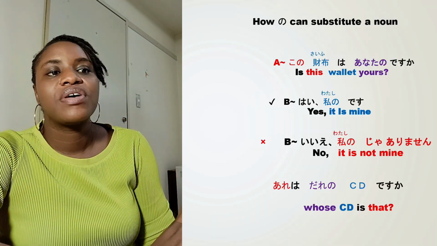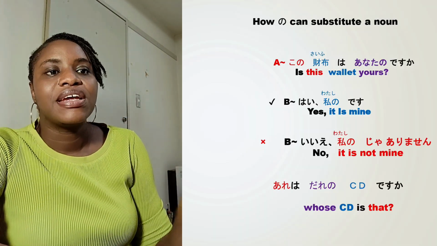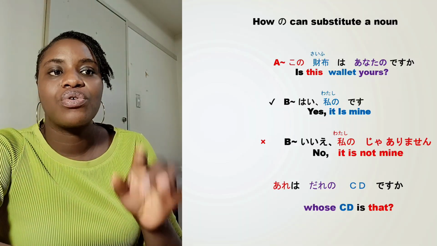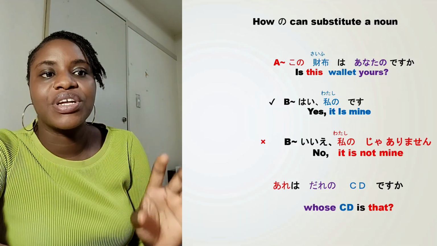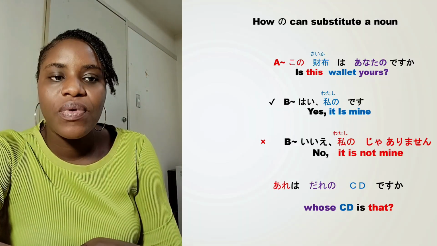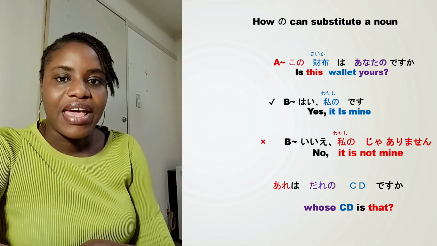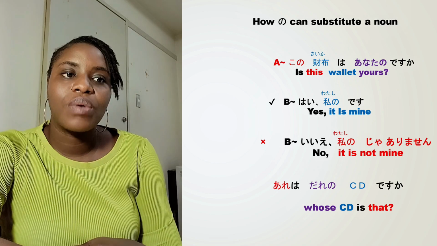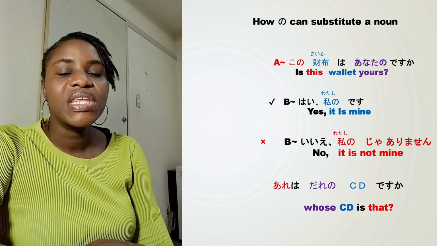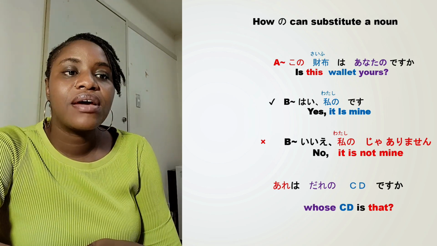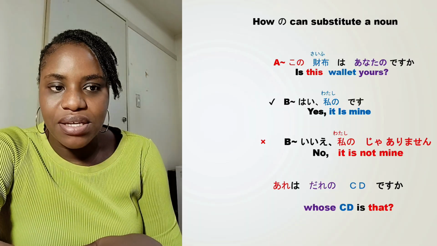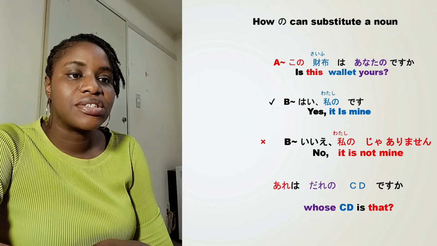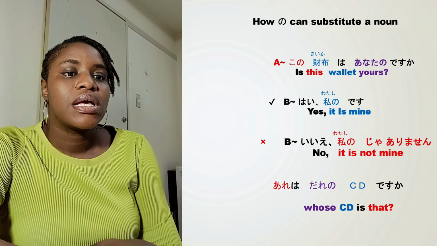So instead of repeating saifu again, we use no. My answer will be, はい、私のです. Yes, it's mine. If the answer is no, いいえ、私のじゃありません. No, it's not mine.